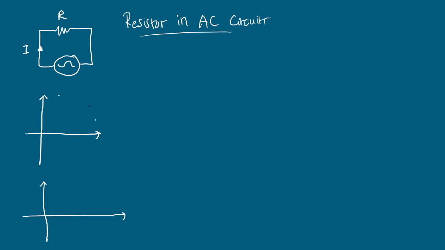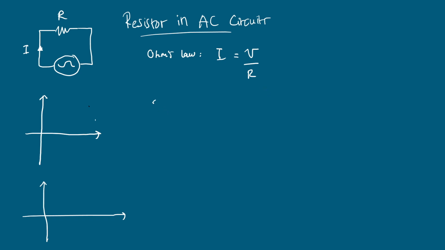And here we will analyze using the Phasor diagram and also in a Cartesian diagram. First of all, in Ohm's law, we know that I is equal to voltage divided by resistance.